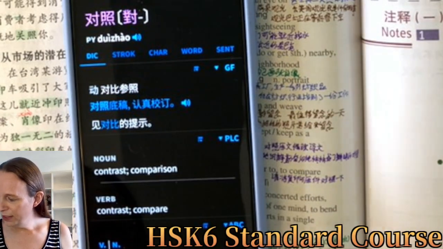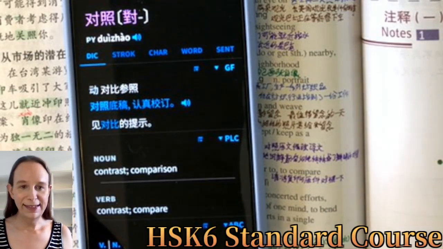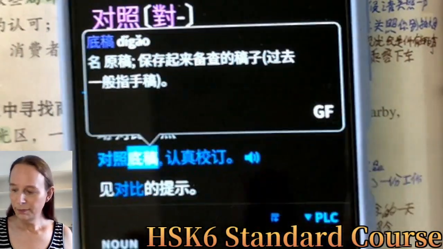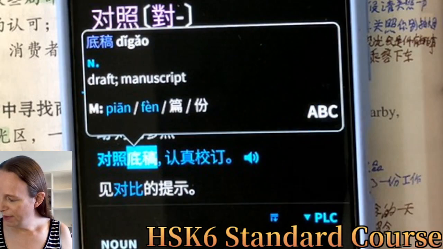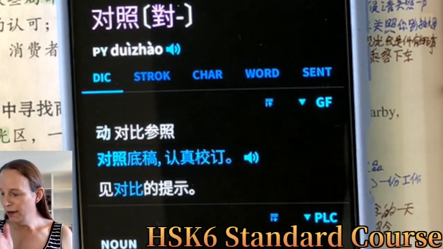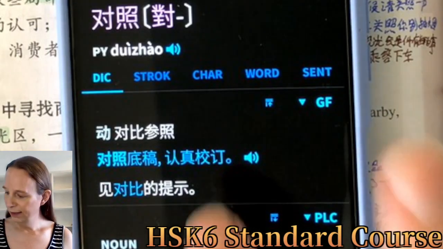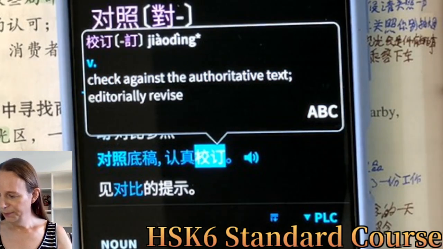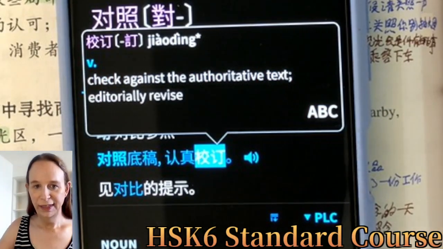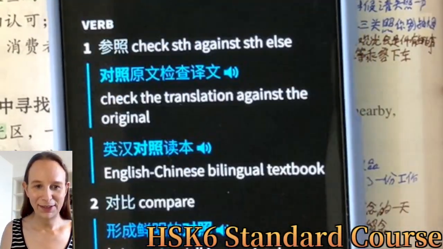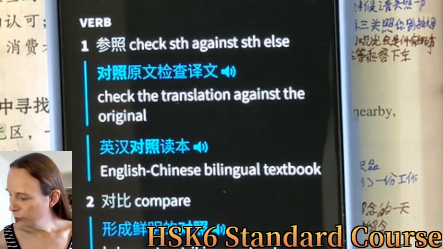Okay, so 对照底稿. What is 底稿? First draft? I don't know. 底稿原稿 Draft manuscript. Okay, 对照底稿认真校订 editorially revise. We need another example. That's not so helpful, really. 对照原文检查译文.